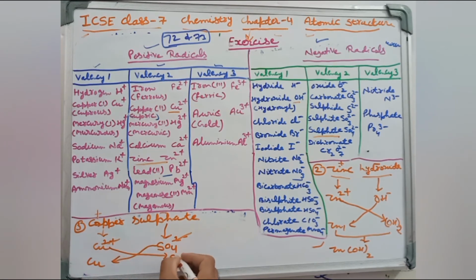Here we will write SO4. No valency here, no valency here. So our compound will become CuSO4. No need to connect. Right? So I have done 1, 2, 3.